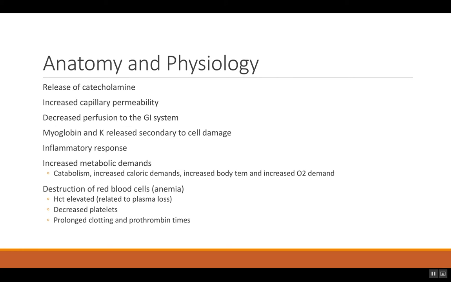So the anatomy and physiology of burns: when you go to page 1809, it talks about the physiology and pathophysiology of burns. The biggest thing to remember is that the injury that occurs depends on the mechanism of the burn, the amount of surface that's burned, and the amount of time they've had exposure to the burn.